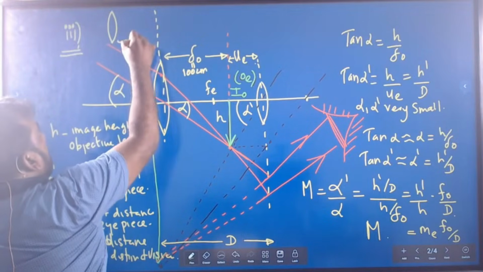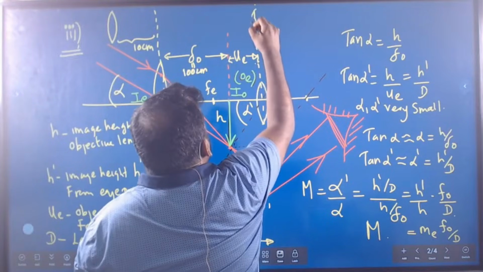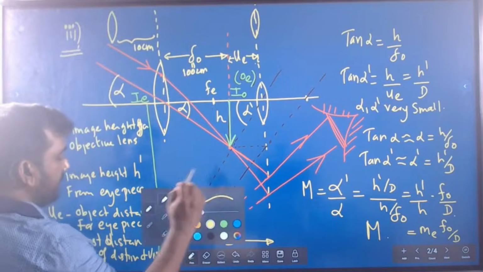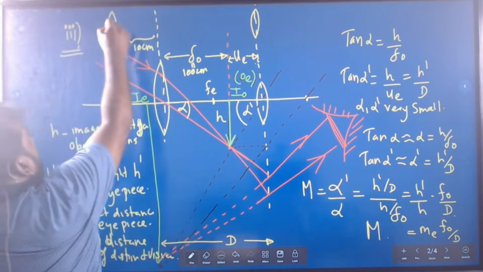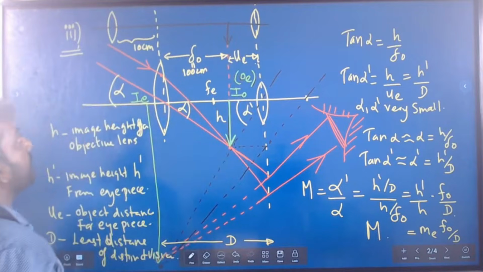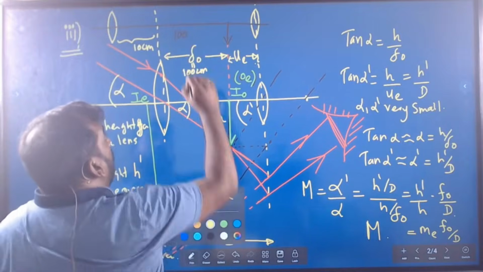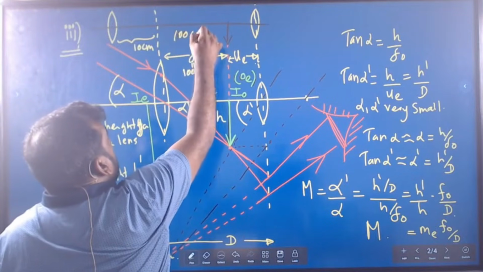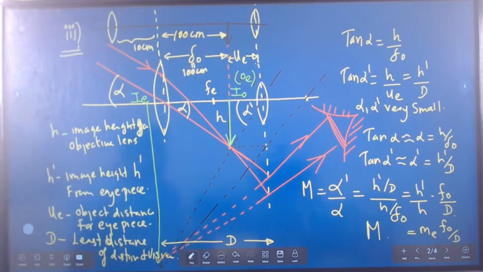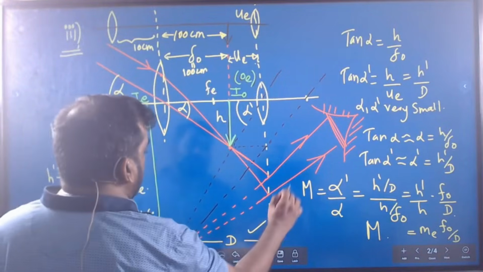The eyepiece's location has not changed, that means the image will form at the same location. So what is your image distance? Image distance for the objective is 110 centimeters. Here UE, the final image is formed at the least distance of distinct vision, same location.